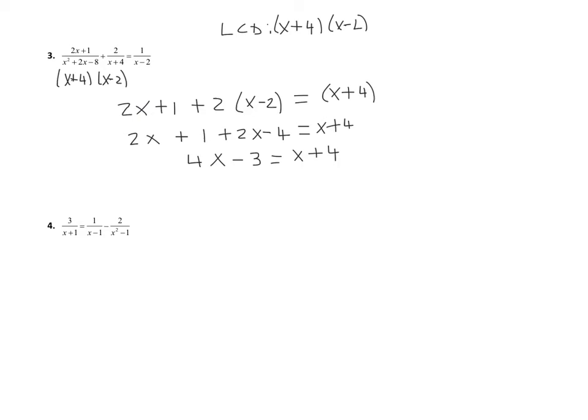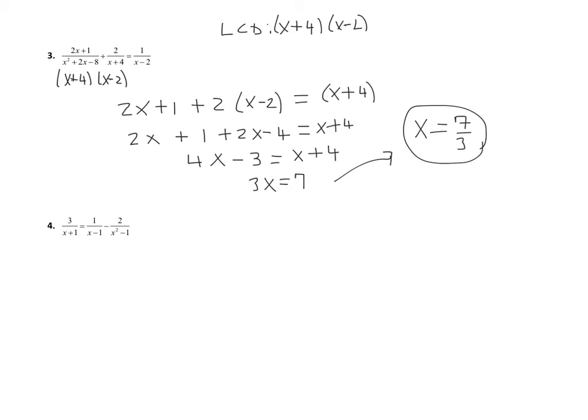So I subtract x from both sides, so I get 3x. I add 3 to the other side, which is 7. So the answer is x is equal to 7/3.